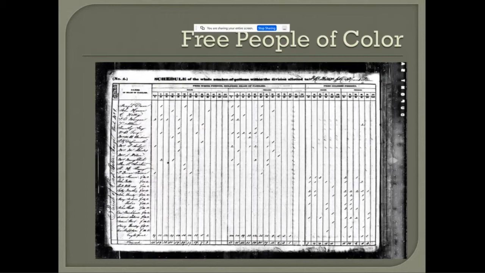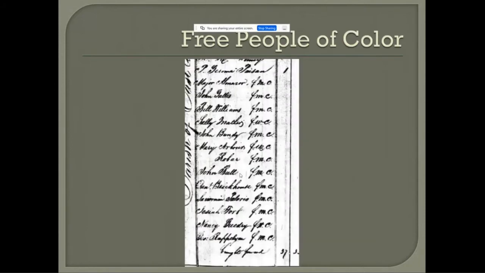So let's talk for a minute about free people of color and also the 1840 census, which this is. This is Baton Rouge in the 1840 census. And as you can see, it's just heads of household, and then everybody else is a tick mark. But if you look down here in the bottom left-hand corner, you'll see these little initials, FMC, and let me focus in on that.